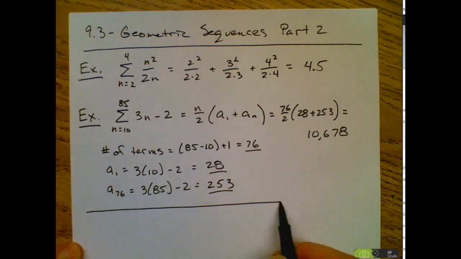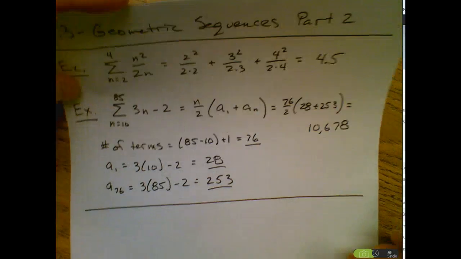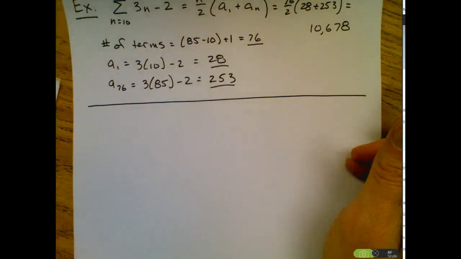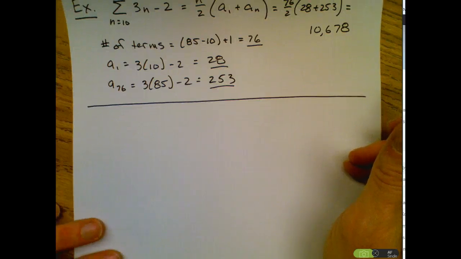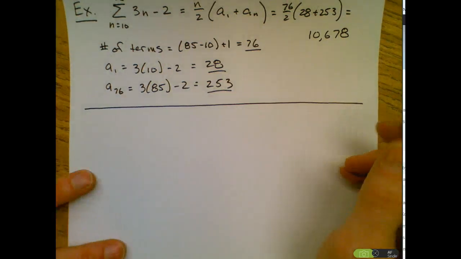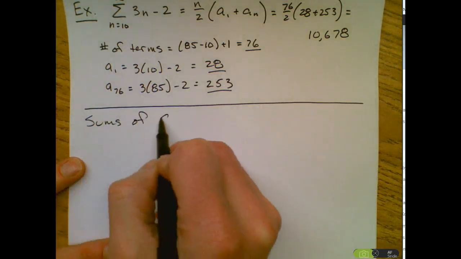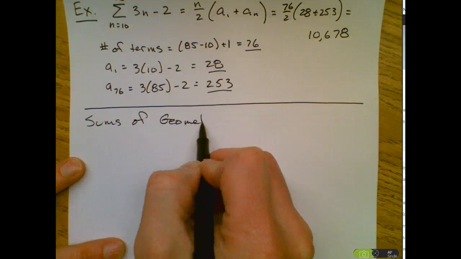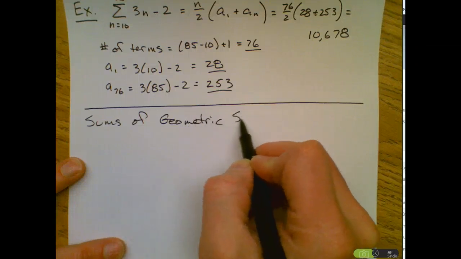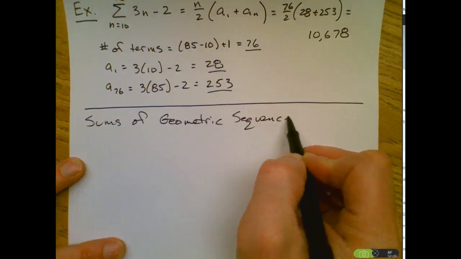Now moving on to geometric sequences, if you recognize that the sequence is geometric or they tell you that it's geometric, we're going to have actually two different formulas for this. So, sums of geometric sequences.